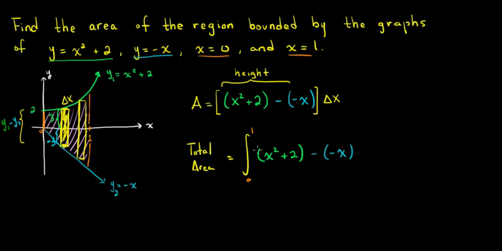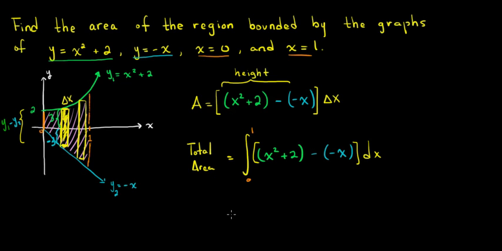And then we tag on our delta x, which in this case is dx, as the rectangles are getting infinitely thin. So we have this integral that we need to take care of, and this is a pretty straightforward integral to do, but this will give us the area in between these two curves here.